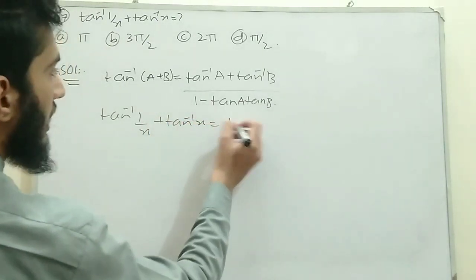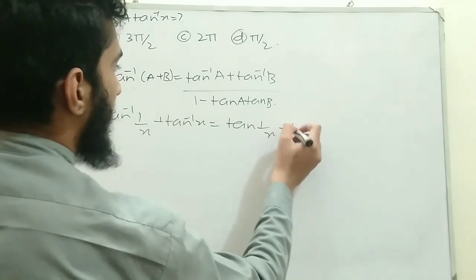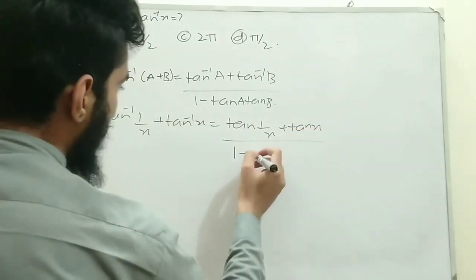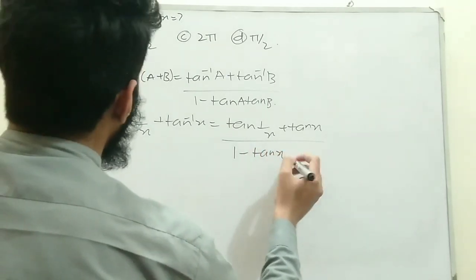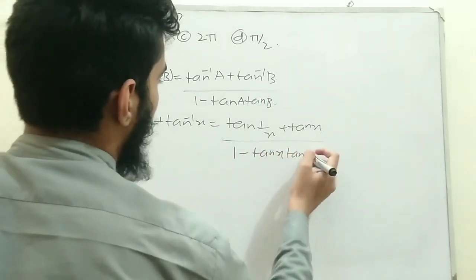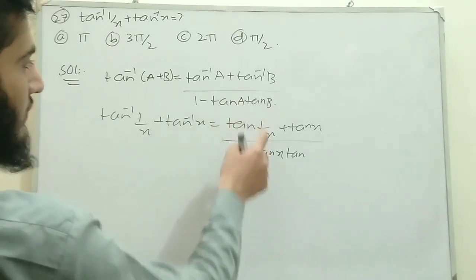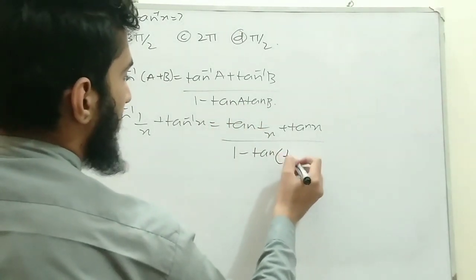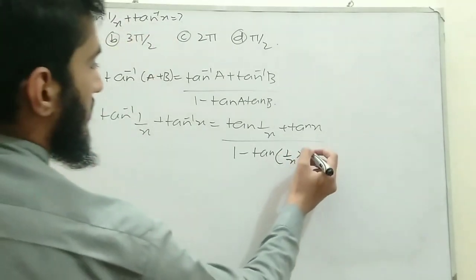the tangent of 1 over x plus tangent of x divided by 1 minus tangent x and tangent 1 over x. Here they are multiplied with each other, so tangent of 1 over x will multiply with x.